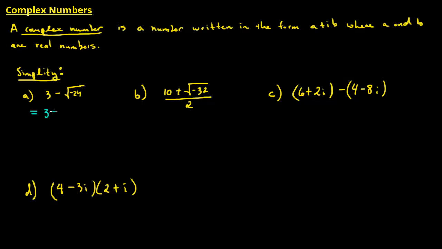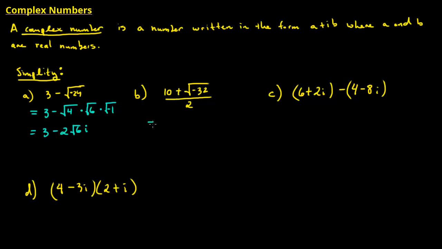I can rewrite this as 3 minus the square root of 4 times the square root of 6 times the square root of negative 1. Now, the square root of 4 is just 2, so I've got 3 minus 2. The square root of 6 can't be reduced any further, so I just have 3 minus 2 root 6. The square root of negative 1 is just i, so I can rewrite this as 3 minus 2 root 6i.